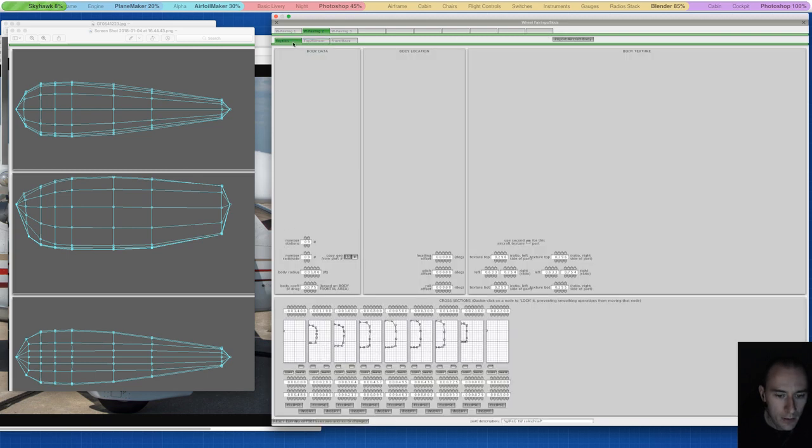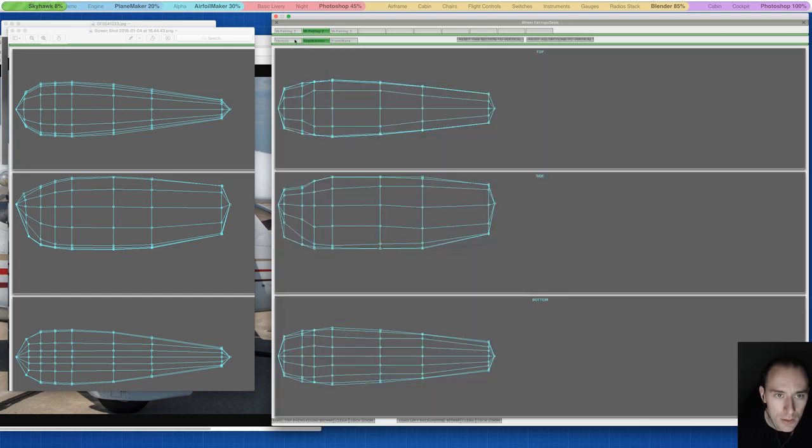That's not too bad. And its first section should be a little bit moved up. 13. That's not bad. That's pretty good.